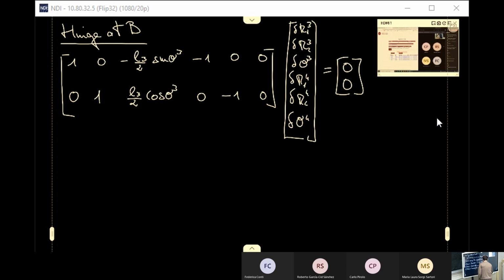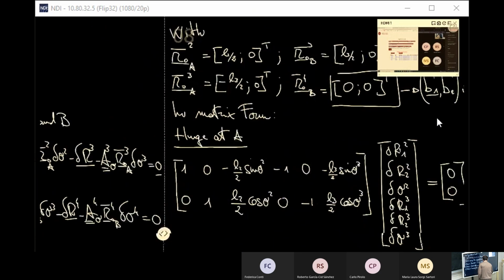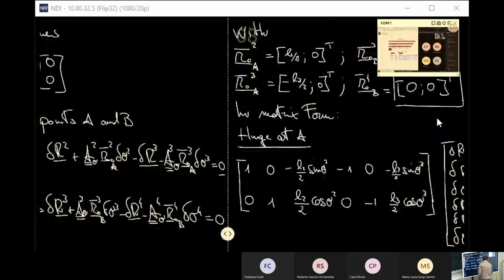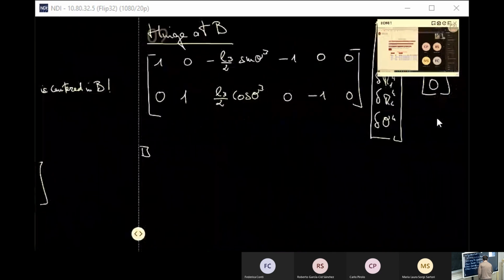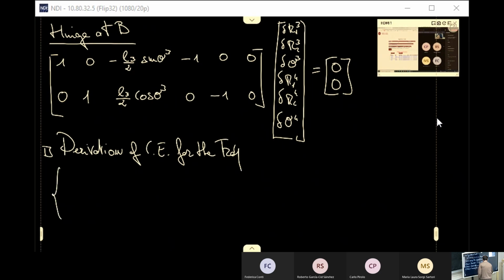Then we have the last one, which is for the third constraint.